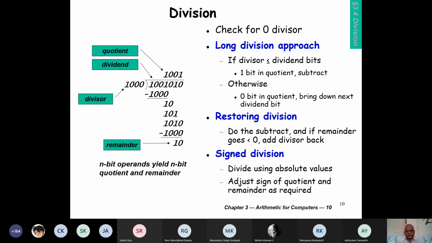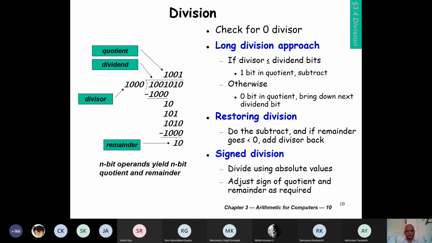In the long division approach, we first observe the divisor, we write it under the most significant bits of the dividend and subtract. Then we take one bit down and observe whether this is less than the divisor or not.